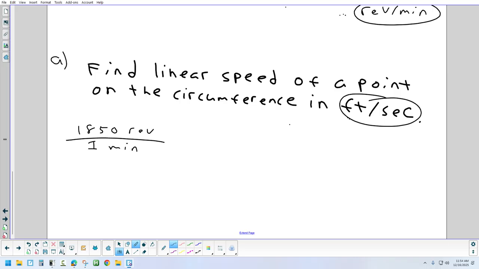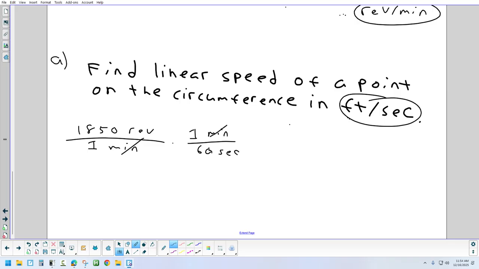Okay. So 1850 revolutions per minute. Let's fix the time unit, because that's a quick one. What are we going to multiply by to fix the time unit? Yeah. 60. 1 minute over 60. Yeah, 1 minute over 60 seconds. I knew what you were thinking. 1 minute over 60 seconds.